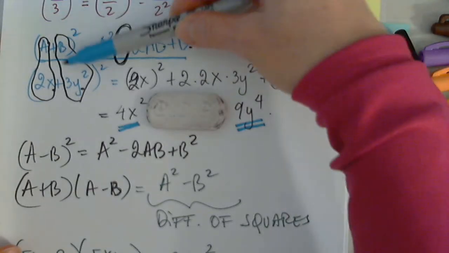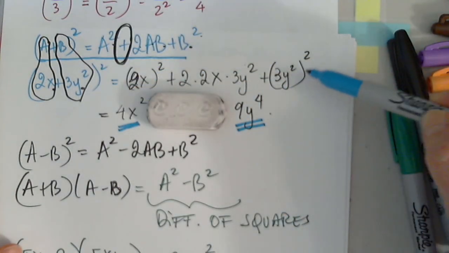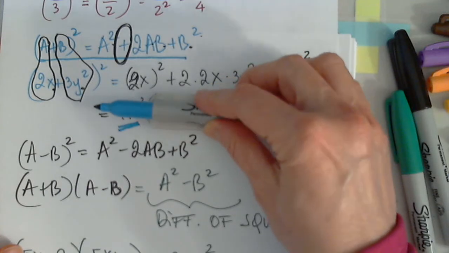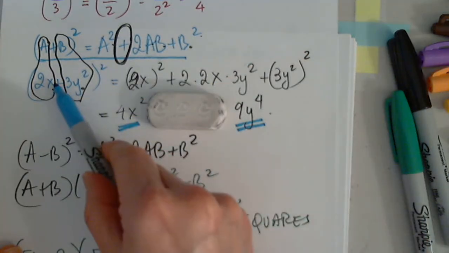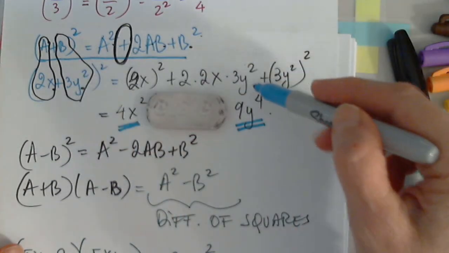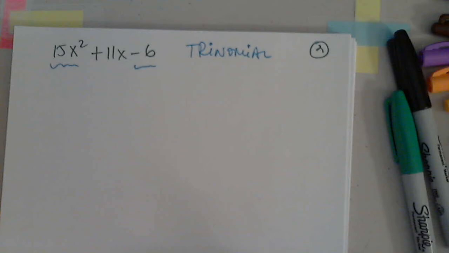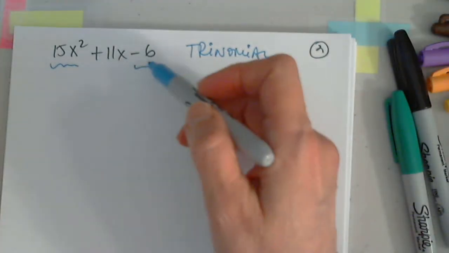When we go from this to this, we expand. When we go from the expanded form back to this form, we factor. So my first concern is, is this a perfect square?